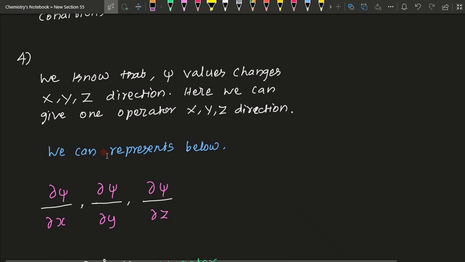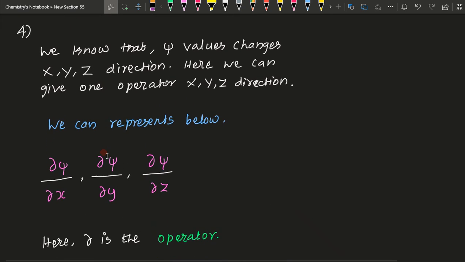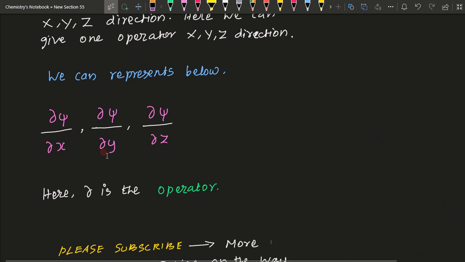We can write del psi by del x, del psi by del y, and del psi by del z. Here del is the operator, all as one operator.